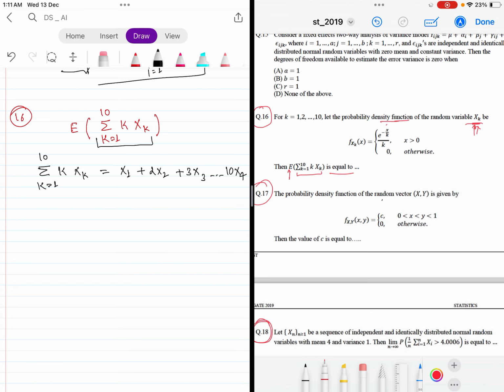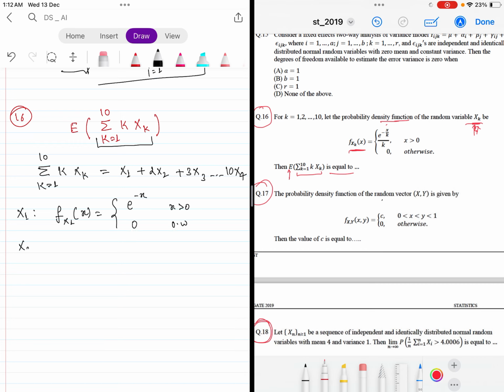And we have the probability density function for each xk. For x1, the probability density function is e to the power minus x divided by 1 for x greater than 0, and 0 otherwise.